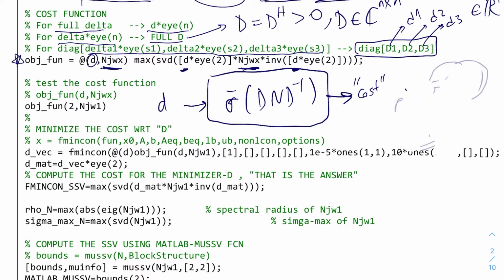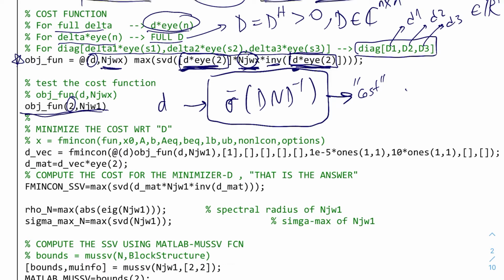That's the case. Basically this is D times N times D inverse. Since we have some structure, and our D parameterization is this, we just directly wrote it like that. If D is like 2 here, it will give us the cost.